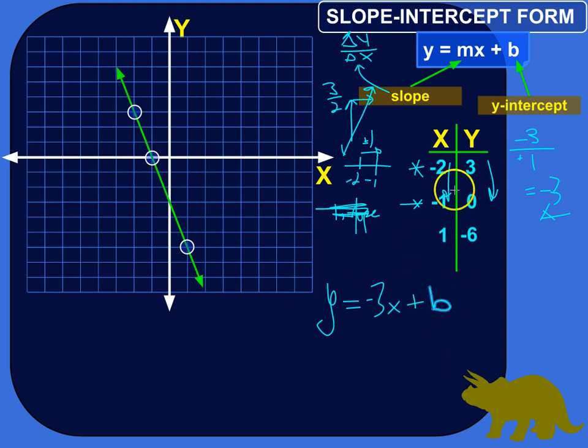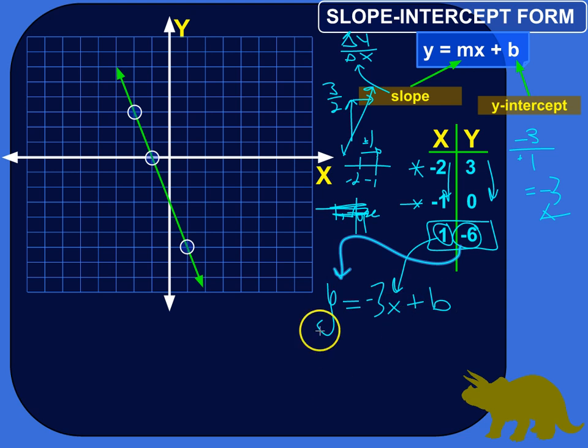So what I can do is take any point in this relationship, any pair of coordinates on the table, and plug it in for x and y to solve for b. I'll only have one variable left. So you can pick any coordinate pair and plug it in. I'm going to choose this one. So x is 1, and y is -6.